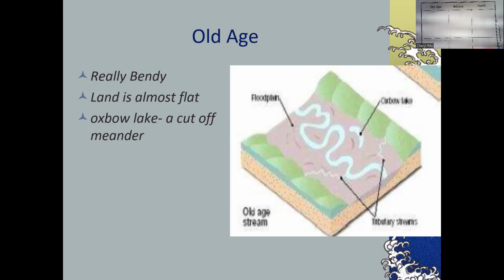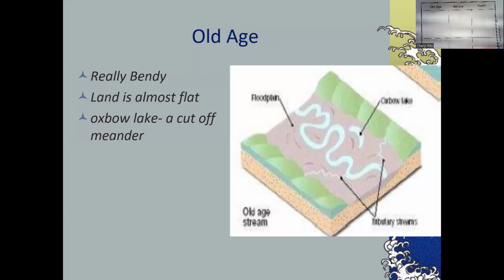We get these things called oxbow lakes, and this is exactly what Sean was actually talking about earlier. This stream is so curvy that when the water starts moving fast, like in a flood or a rainstorm, it stops moving through that certain bend.